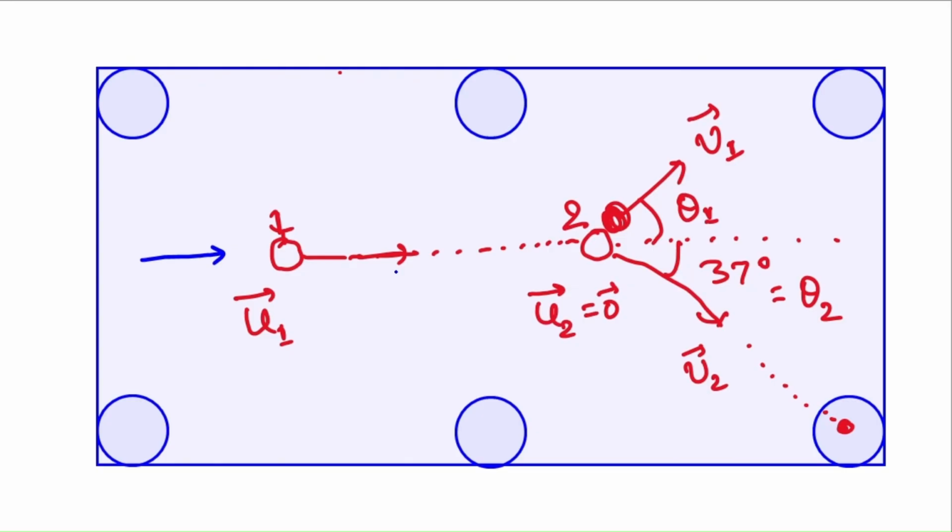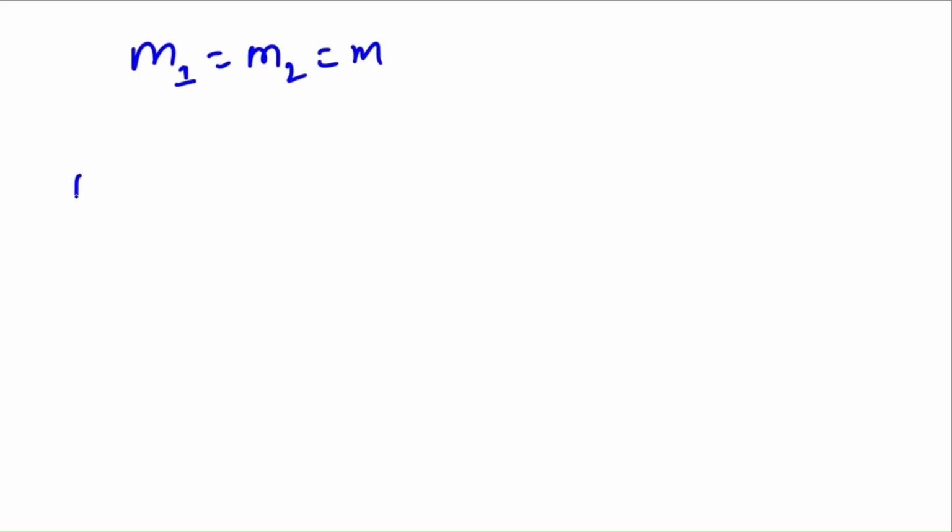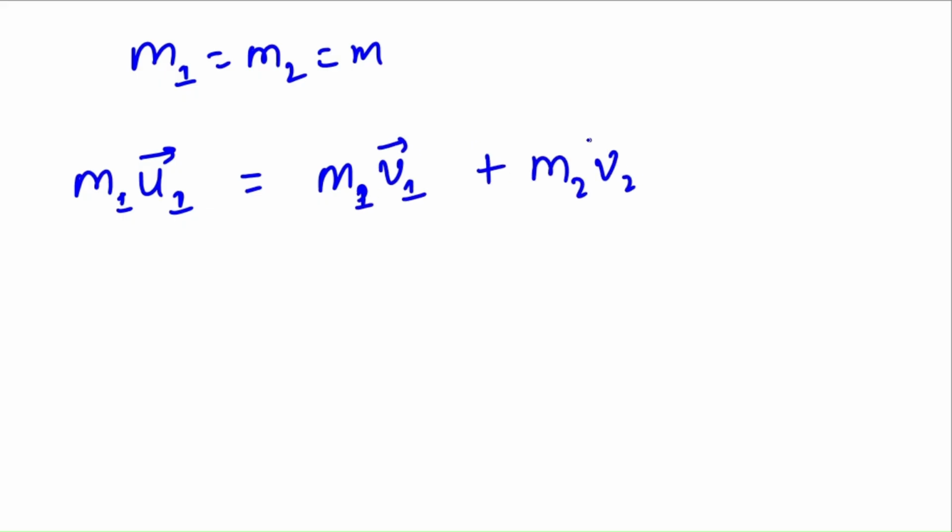We are considering the situation when this ball starts moving and then it collides. During all this incident, there is no external net force acting on the ball. So the linear momentum will remain conserved. That is m1 u1 plus m2 u2, where u2 is 0 so I am not writing that term here, equals m1 v1 plus m2 v2.